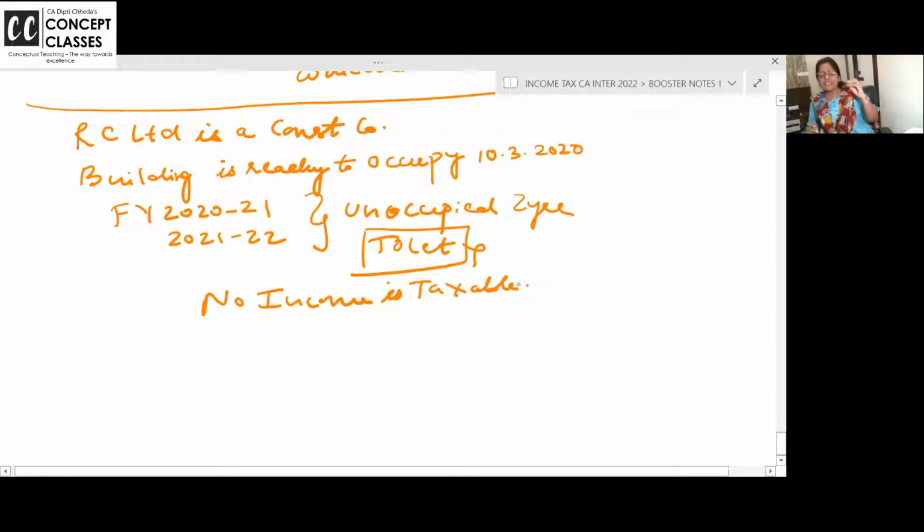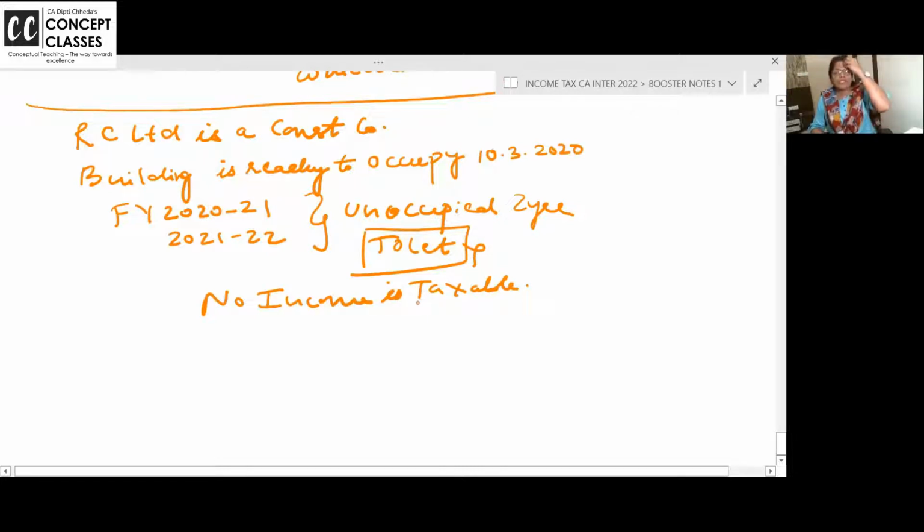See, otherwise, listen all of you, why they have added this provision. Otherwise, you can say, ma'am, even if this is unoccupied, this can be treated as deemed let out. No, 2 self-occupied properties. Third, fourth, तो सब deemed let out और tax pay करो. But this is vacant because they are not able to sell it or let it out. To-let का board लगा के रखा है.